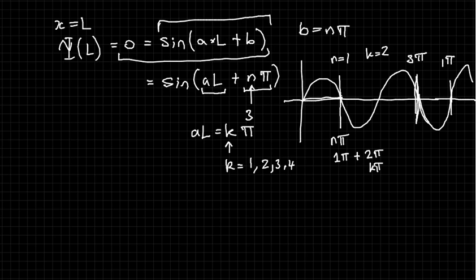So AL has also got to be equal to an integer of pi, and we say that k in this case is our integer. So k can take on numbers 1, 2, 3, 4. So you can see that say n is equal to 1, and if k is equal to 2, then we're going to get to this point here from our n pi, which is going to be 1 times pi, and then we have to add to that 2 times pi, which is going to be our k pi.